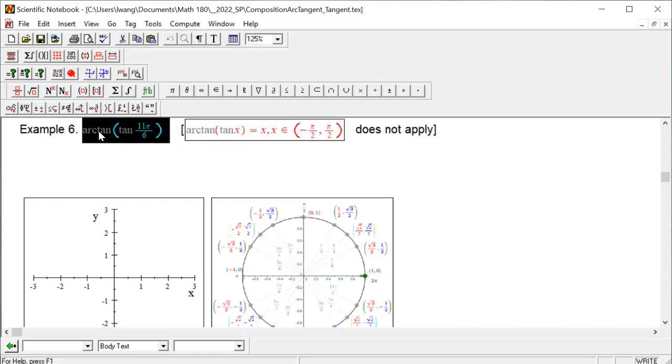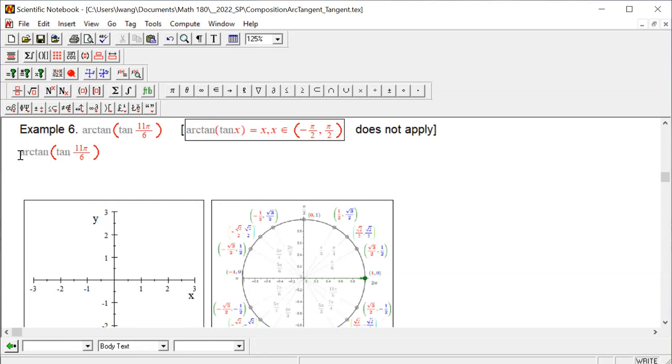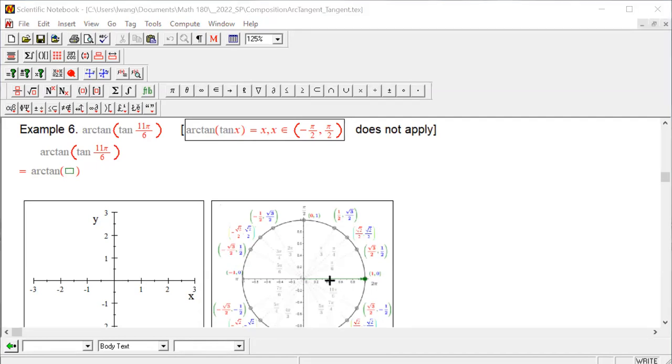So with this expression, we have to do it from the inside out. Arctan is going to wait outside for a number. How do we handle tangent of 11 pi over 6? You're going to measure counterclockwise 11 pi over 6.